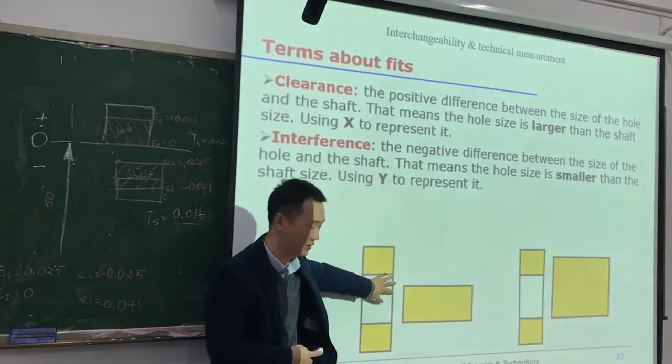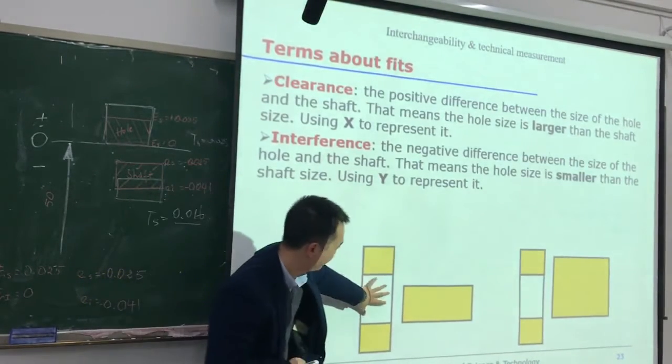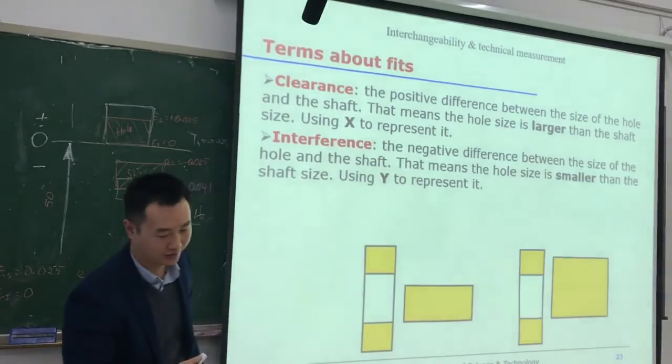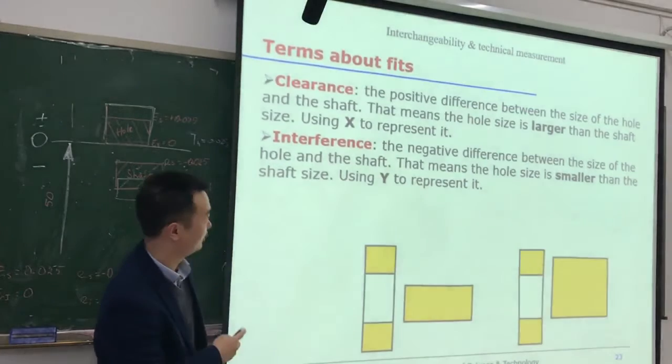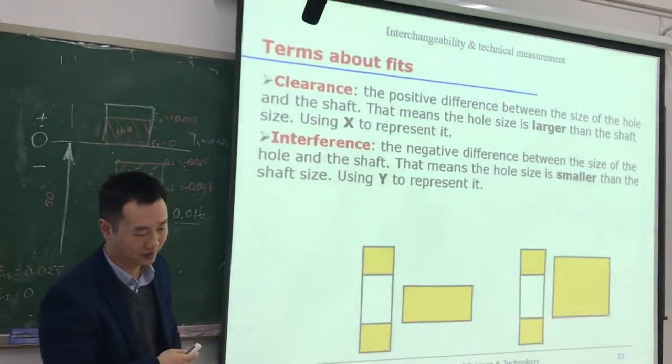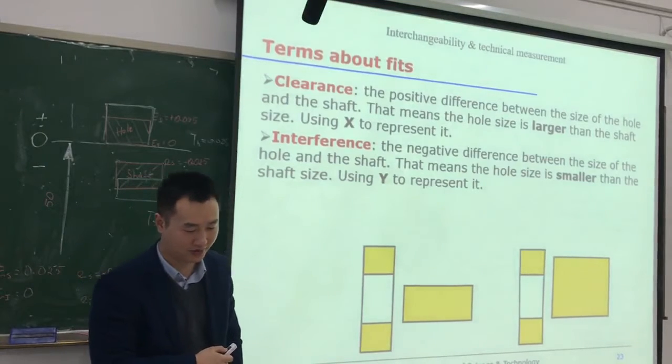This fit type is the clearance. That means the hole size is bigger than the shaft size, and we can subtract these two values to get the actual clearance, and we use capital X to represent it.